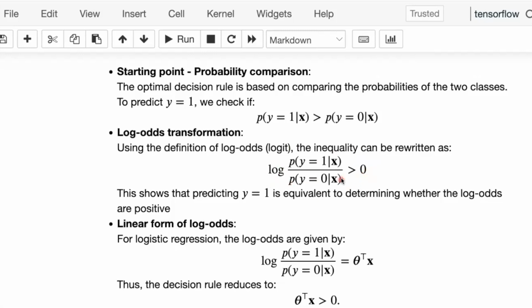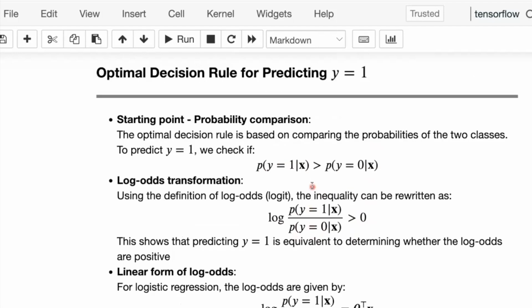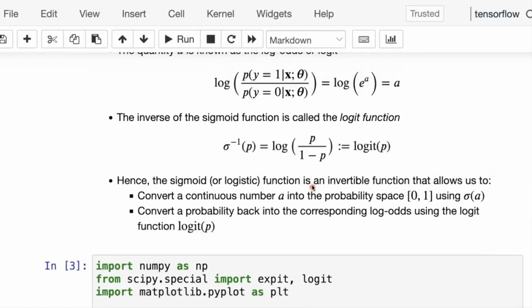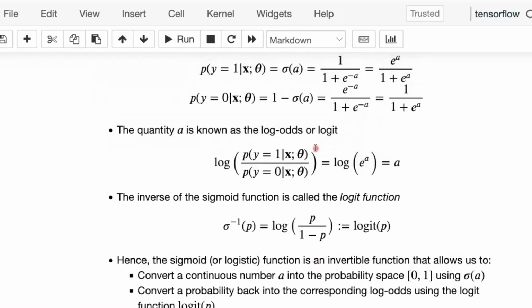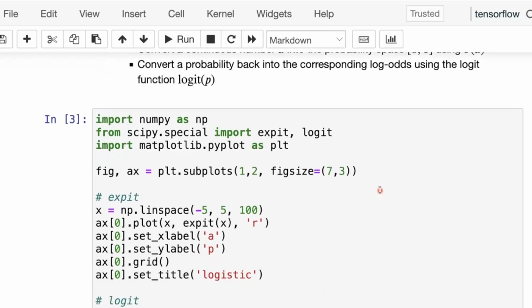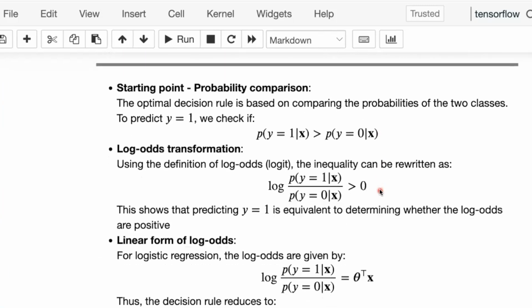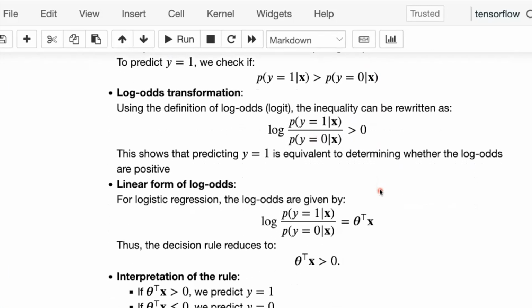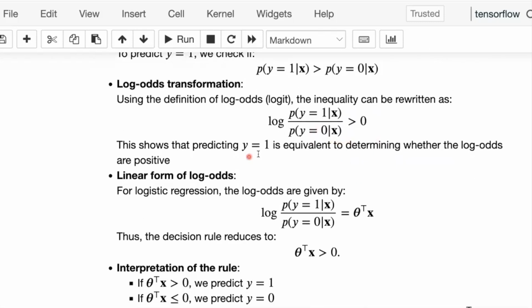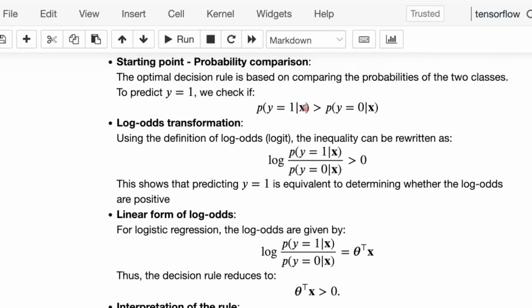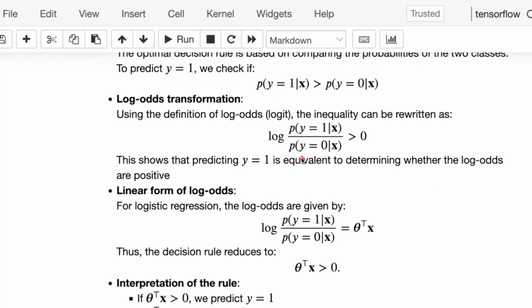And why did we do this? Because the nice thing is that the log of these probabilities, as we just talked about, gives us the log odds or the logit. And therefore, as you can see here, if the log odds or logits are positive, this means that we assign the feature vector x or the input vector x to class 1.